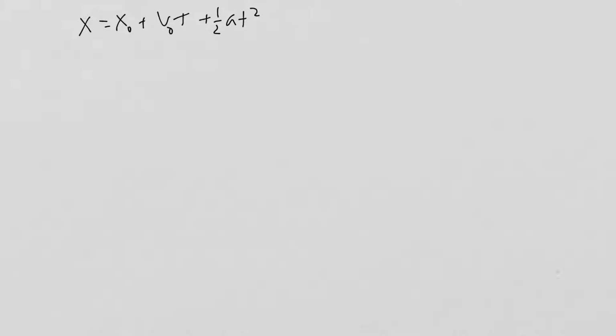So, at the end of 5 seconds, we start at the origin, x equals 0, we're told that in the problem. We know the initial velocity is 0, right? We calculated that in part C. And we know the acceleration is 0. Right? So, at the end of 5 seconds, we have not moved.